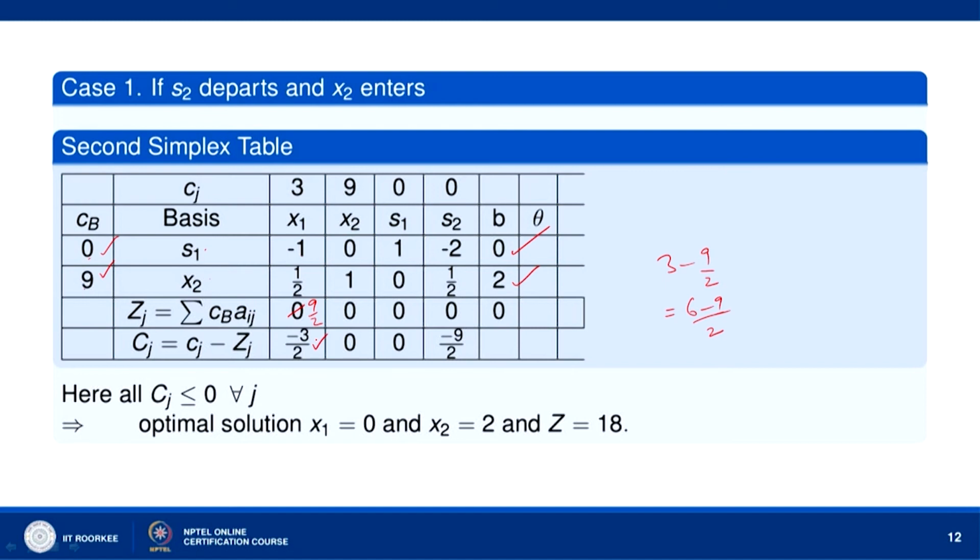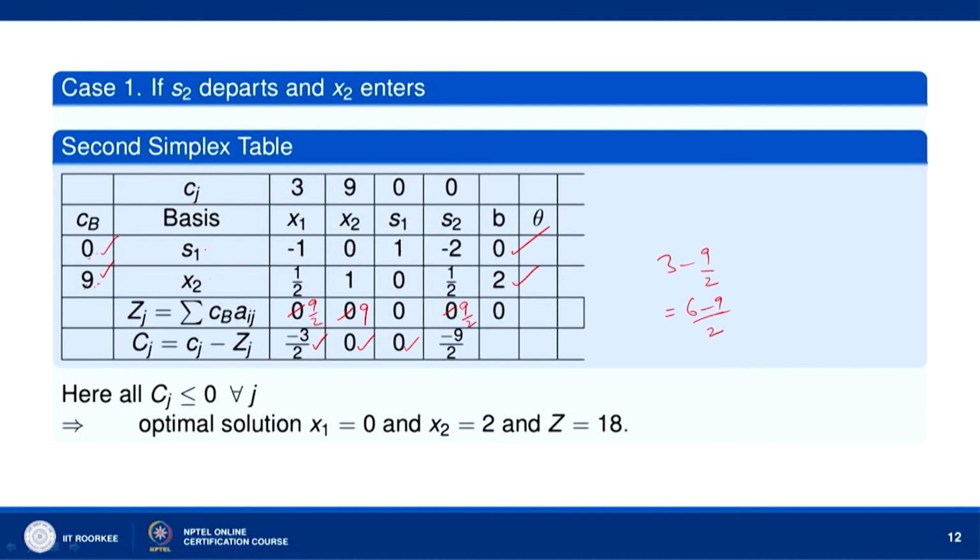And then here, 0 into 0 is 0 and 9 into 1 is 9. So, 9 minus 9 is 0. Then 0 into 1 is 0, 9 into 0 is 0, so we get 0 here. 0 into minus 2, 9 into half, so we get 9 by 2.